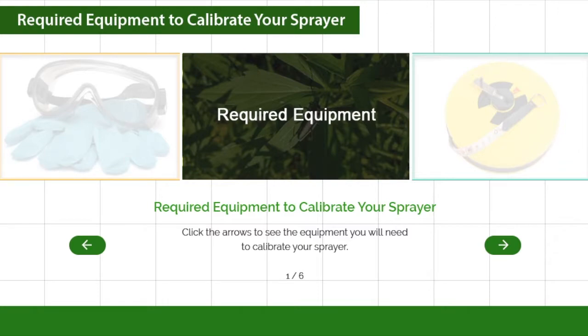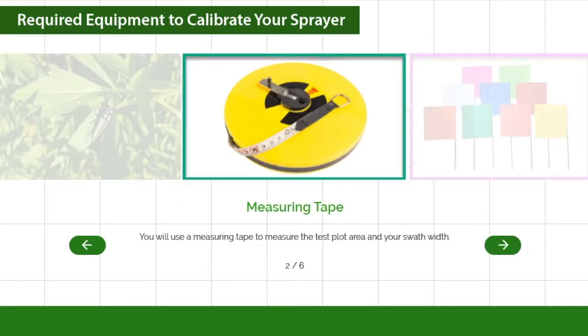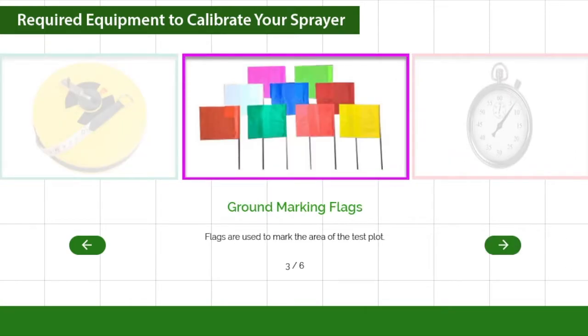Click the arrows to see the equipment you will need to calibrate your sprayer. You will use a measuring tape to measure the test plot area and your swath width. Flags are used to mark the area of the test plot.